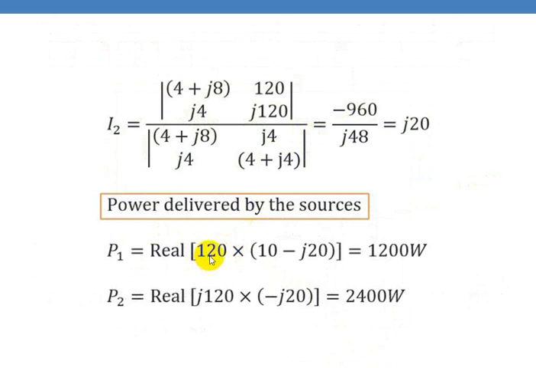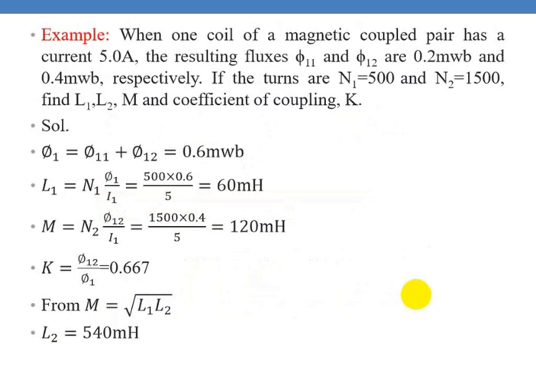So multiply this voltage with the current I1. If you multiply, you get a real part and an imaginary part, but the real part gives us power, that is 1200 watts. Similarly, to find the power delivered by the other source, you multiply J120, the voltage, by minus J20, the current. The real part of this will be 2400, the power supplied by the source.